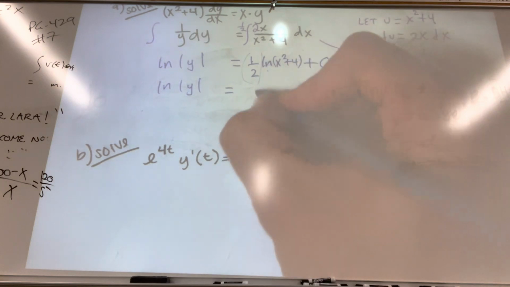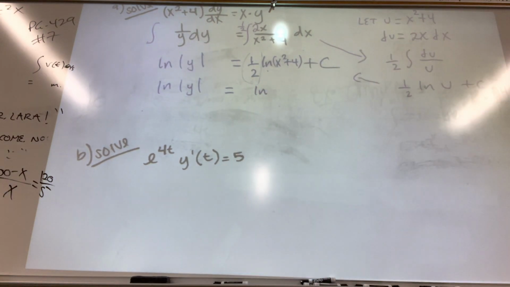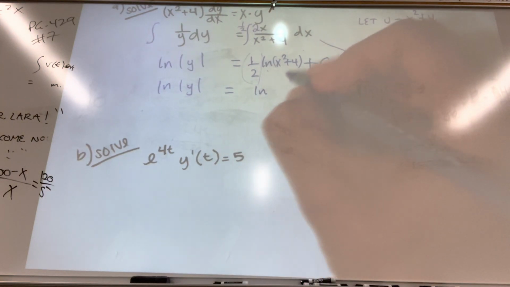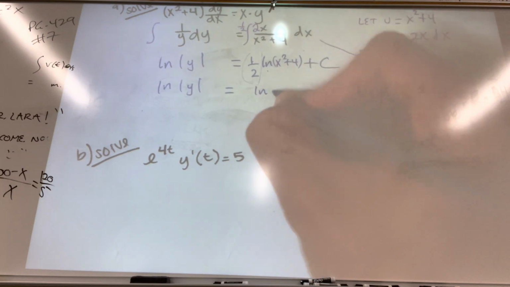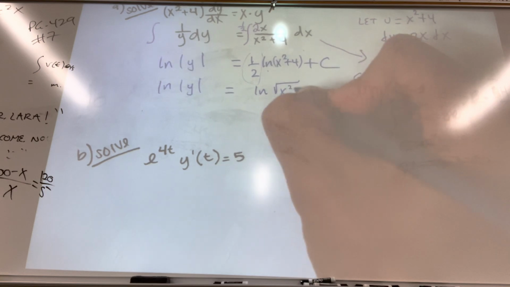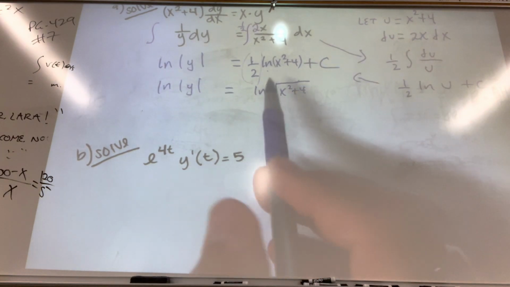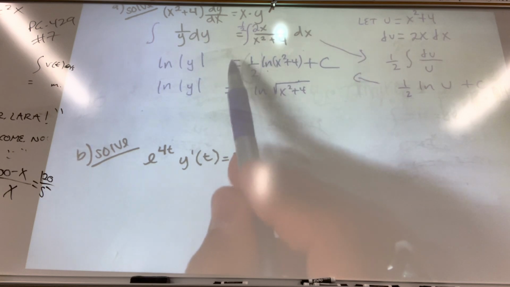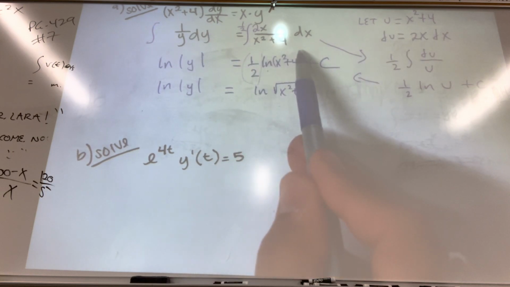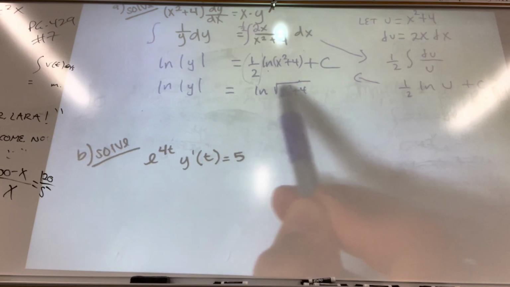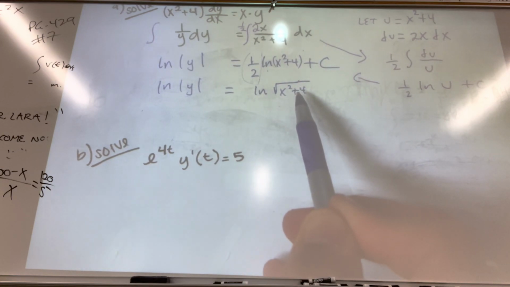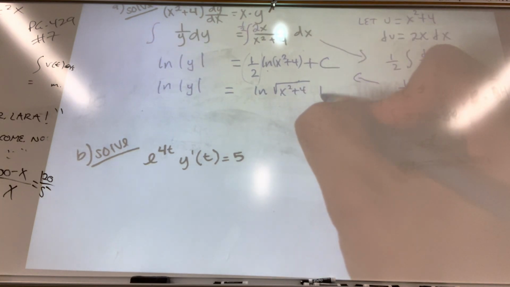I already did the calculus, and this would be ln of x squared plus 4 to the 1/2, but x squared plus 4 to the 1/2 is the same as the radical of x squared plus 4. I mean, isn't that true? If I bring the 1/2 to the top as a power, x squared plus 4 to the 1/2 is the same as the square root of x squared plus 4. Yes? And then there's still the plus c.